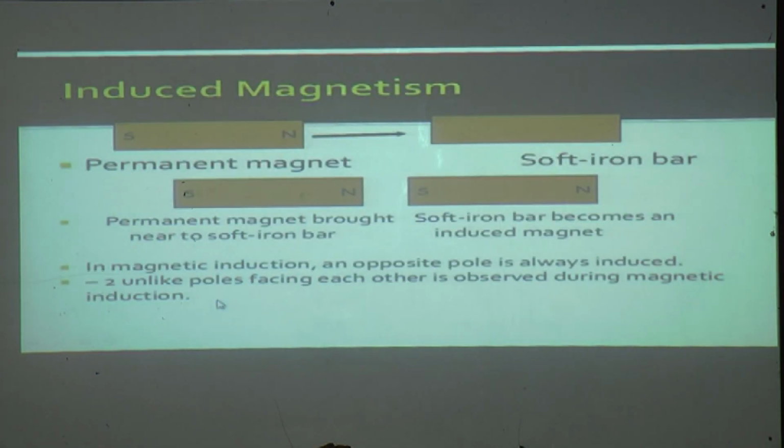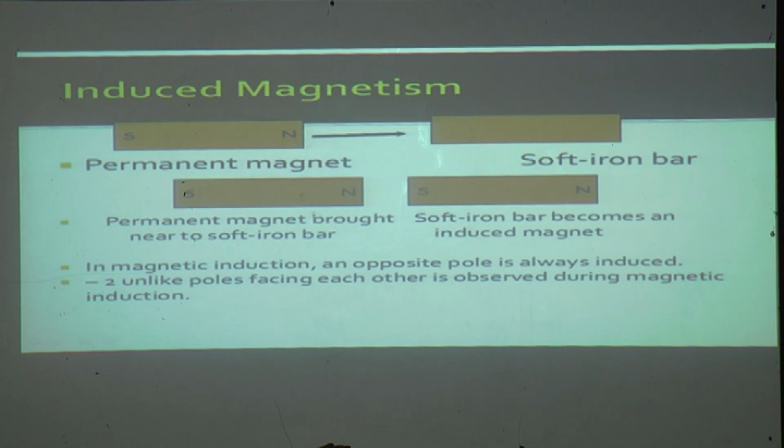Okay. Now next, induced magnetism. So induced magnetism is the next concept from this lesson. So south and north. Okay. So here you can see a permanent magnet is here and a soft iron bar is here. This is not a magnet, this is a soft iron bar, and this is a permanent magnet. So the permanent magnet is brought near to the soft iron bar.